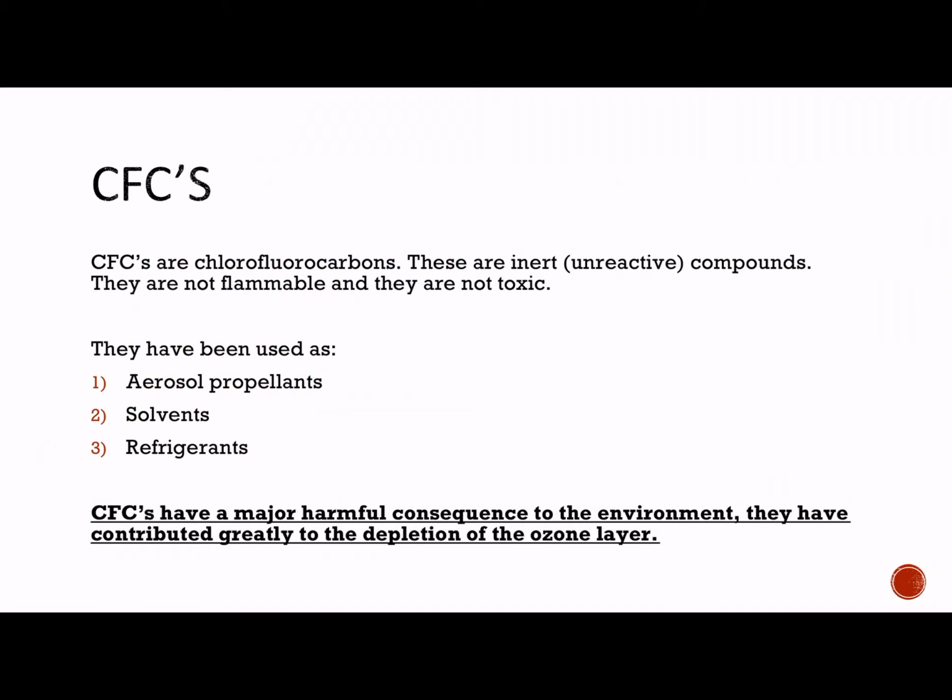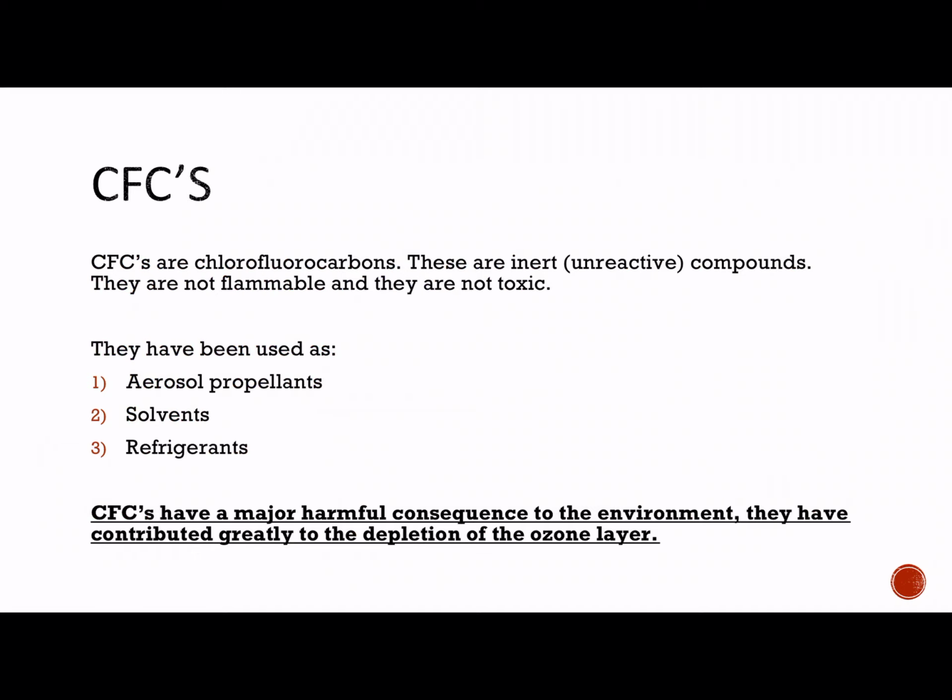What we ended up doing is starting to deplete the ozone layer. Chlorofluorocarbons were banned a little over 30 years ago, and now our ozone layer is actually being repleted slowly but surely.